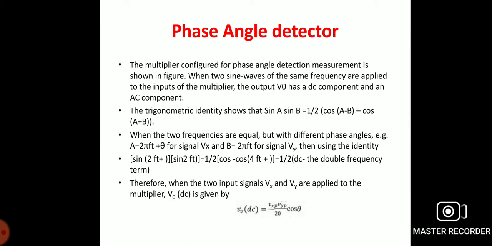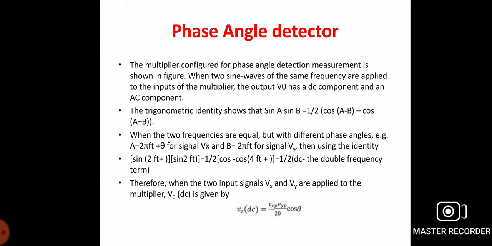Then, using the identity, the result is 1 divided by 2 cos theta minus cos of 4 pi f t plus theta. The first is DC, that is 1 divided by 2 cos theta, and the other is a double frequency term.